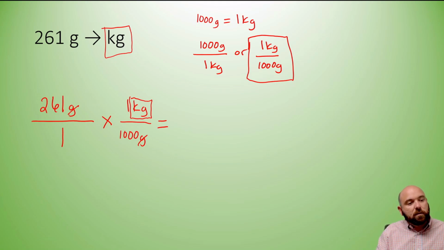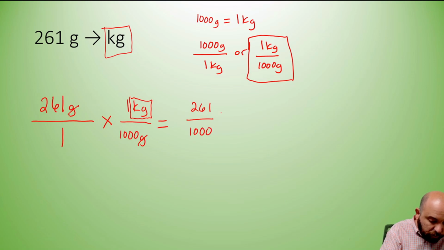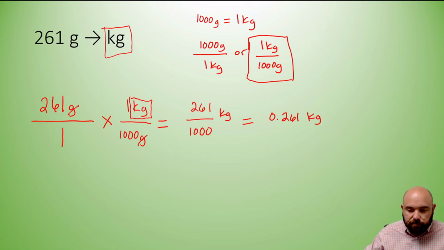We need to multiply 261 times 1 and divide that by 1 times 1,000. That's essentially 261 divided by 1,000. And then we keep our unit that we have left over, our kilograms. And so if we do 261 divided by 1,000, that will tell us that 261 grams is equal to approximately 0.261 kilograms.